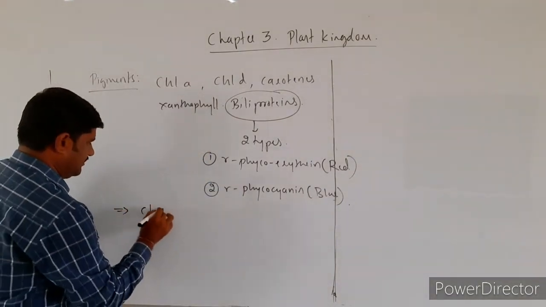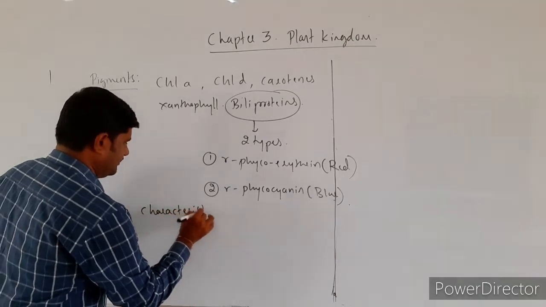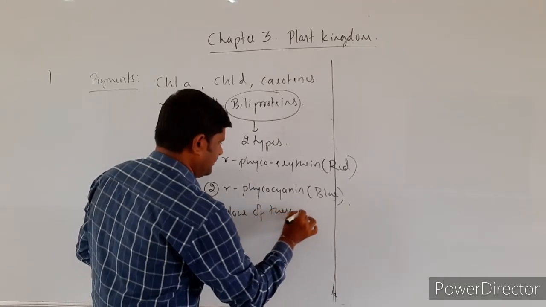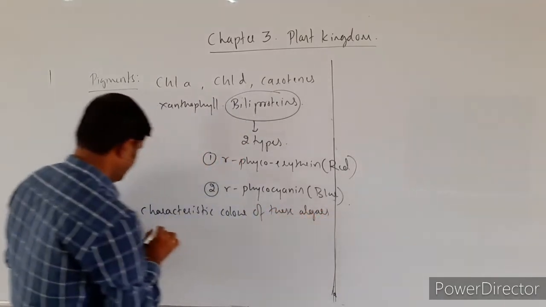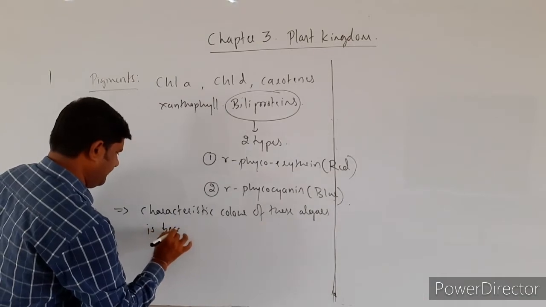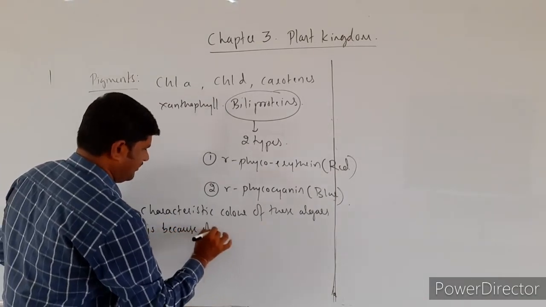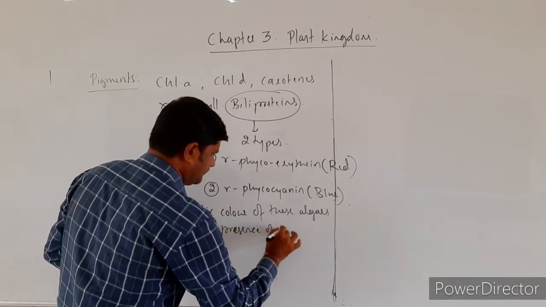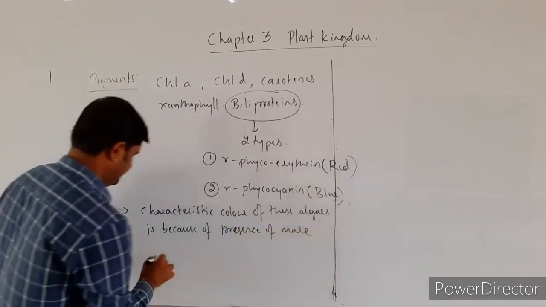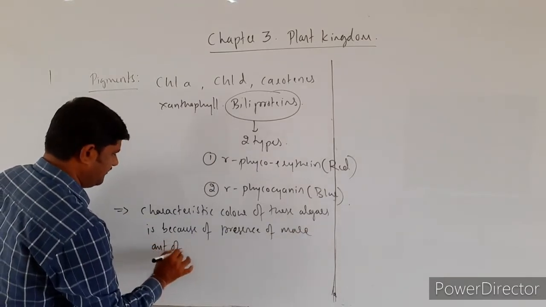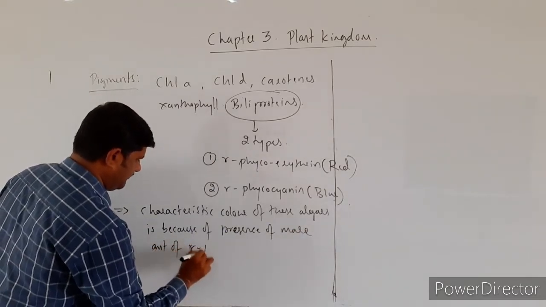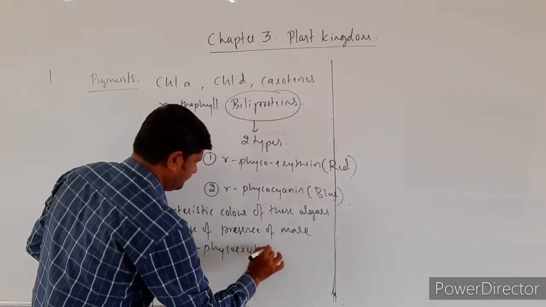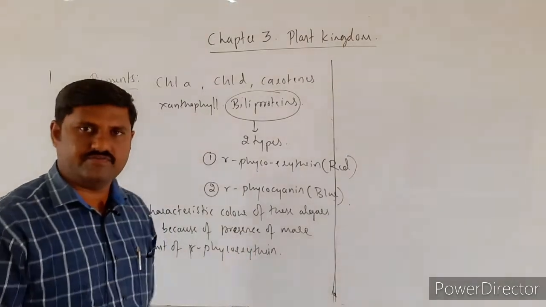The characteristic color of these algae is because of the presence of more amount of R-phycoerythrin. This is the point I have to note down.